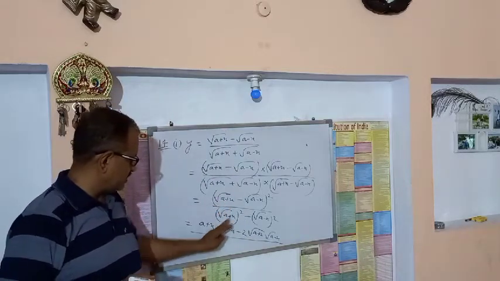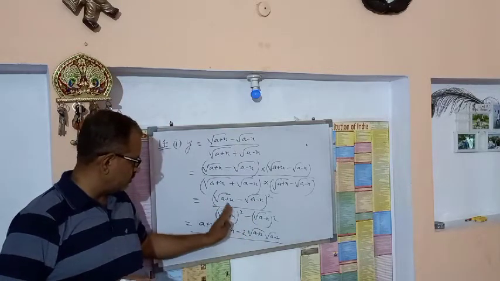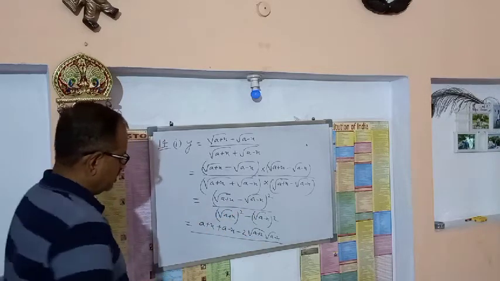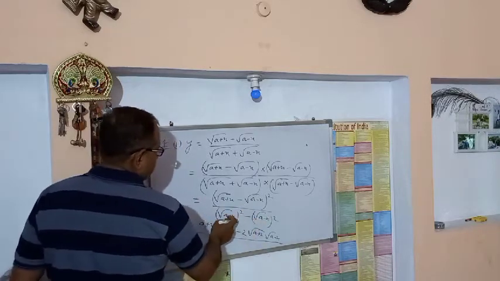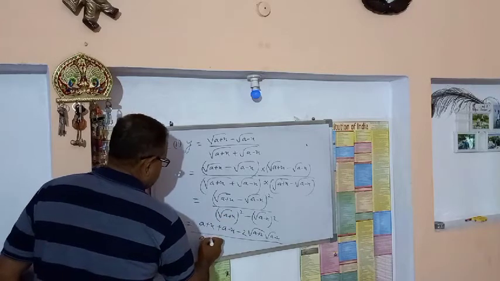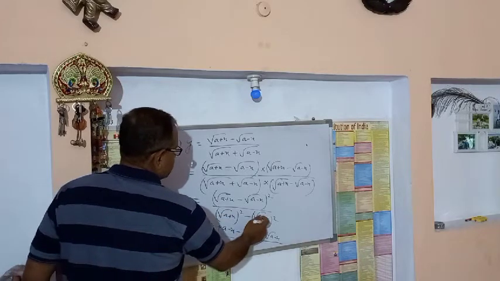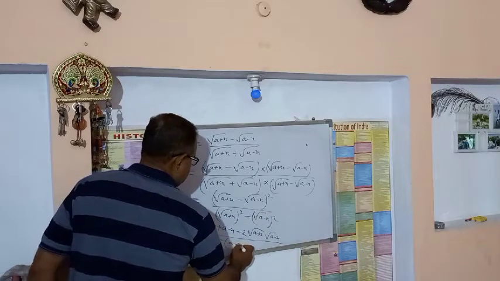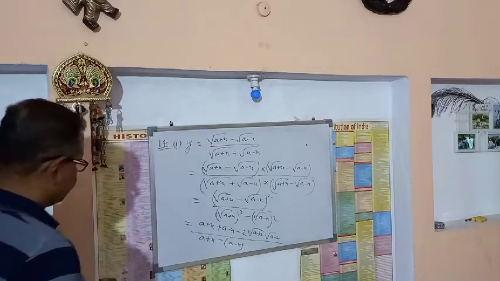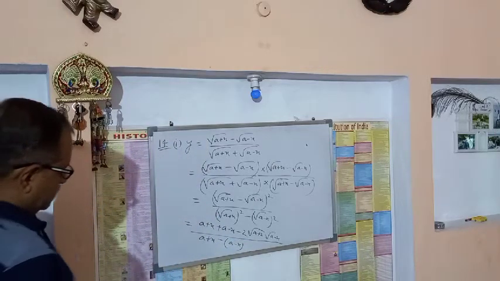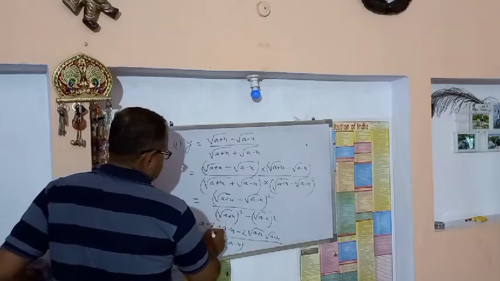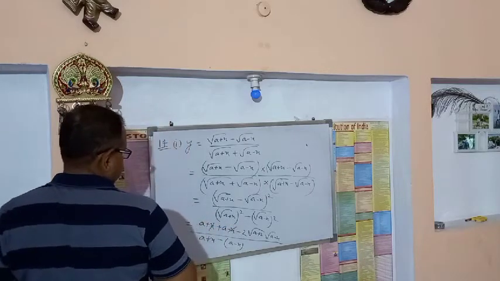And here a square minus b square, so remove the root sign: a plus x minus in bracket a minus x. So here plus x minus x cancel.